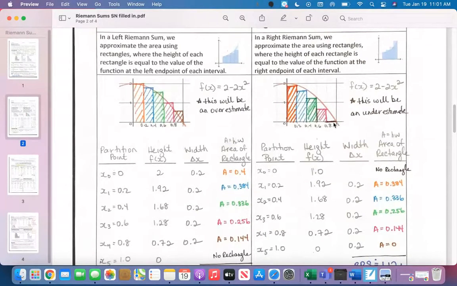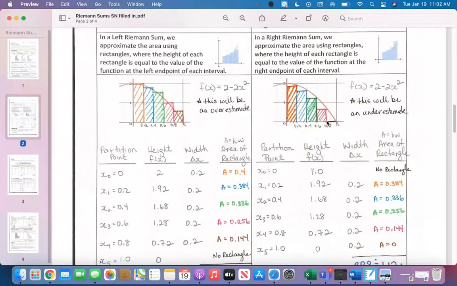So for my first rectangle, I'm going to start at x5 equals 1. And I can see here that the function has a height of 0 here. So for this it's almost like a flat line here. It has a height of 0. It has a width of 0.2.